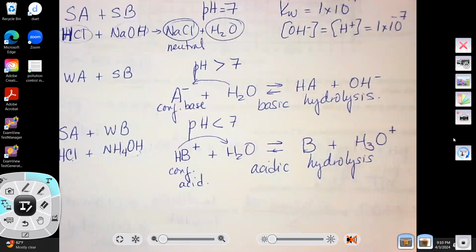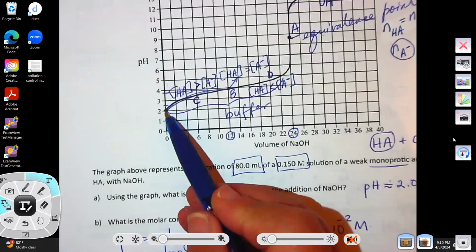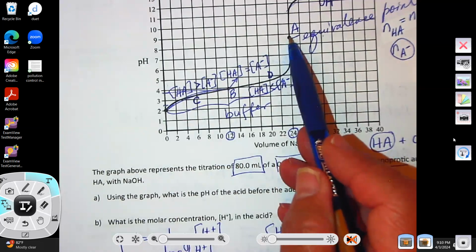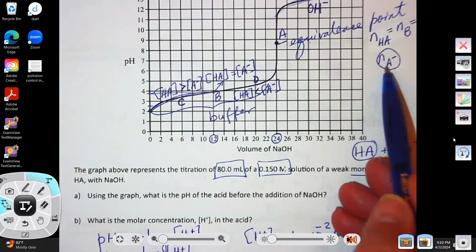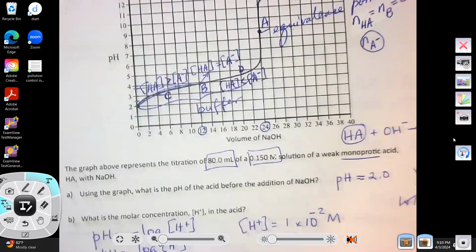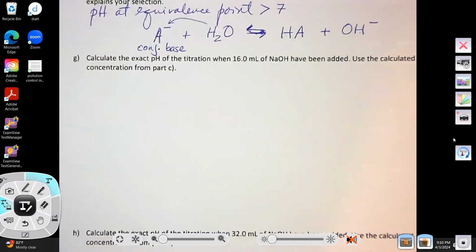But in our specific case, because it's a weak acid with a strong base, the conjugate base, which is what we have here at the equivalence point, experiences what is called basic hydrolysis. And that explains why the pH is greater than 7.